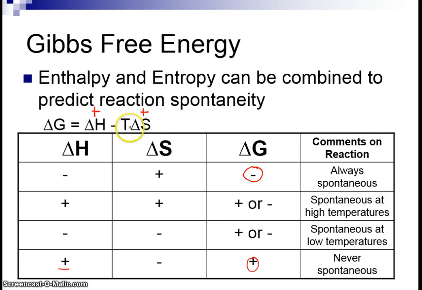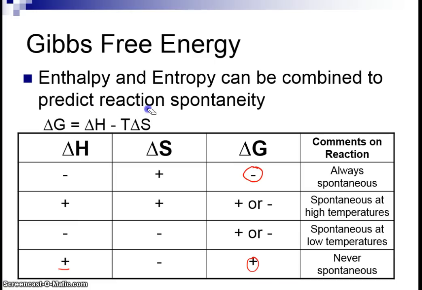If this temperature is small and it ends up being that this side is bigger, my delta G will be positive. So this will be spontaneous at high temperatures. If I can make this factor here, T delta S, greater than delta H, my reaction will be spontaneous.